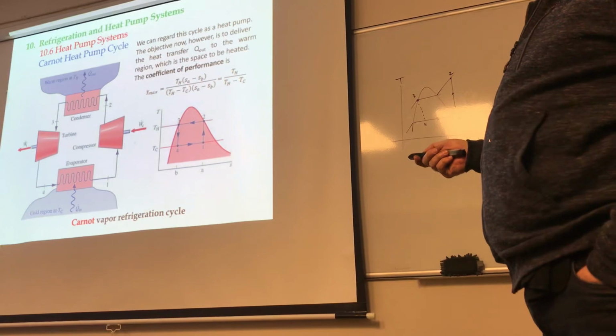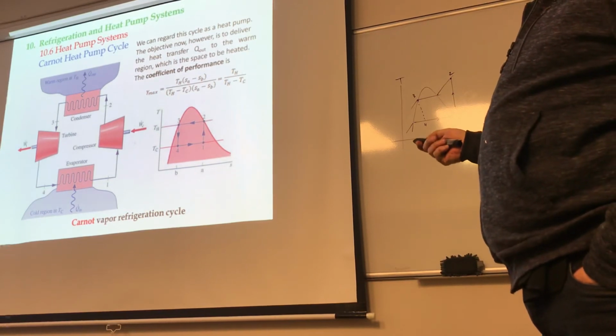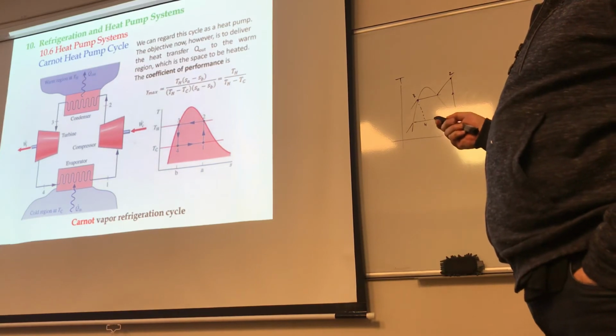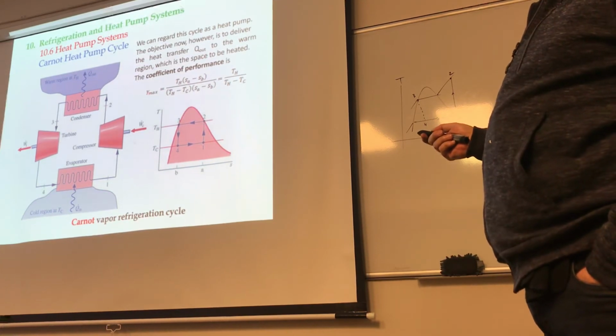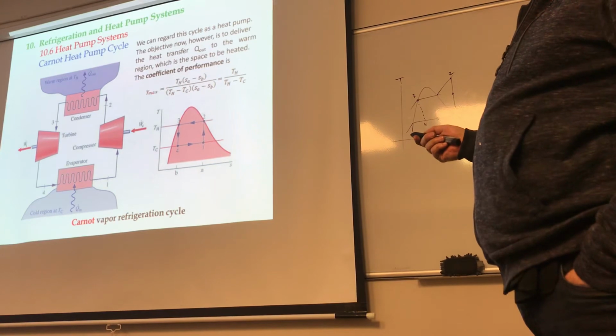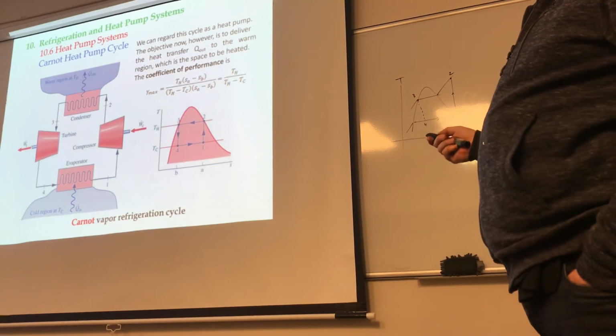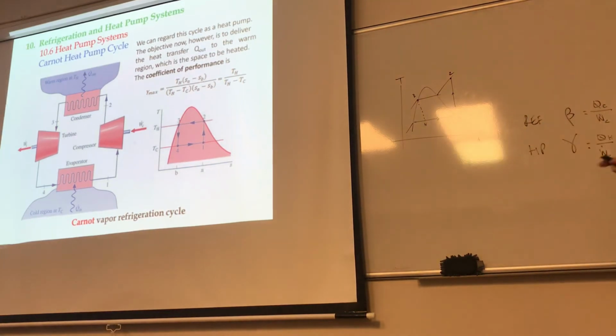It does not really exist. This is a Carnot cycle, which has 2 isentropic and 2 isothermal processes. And the coefficient of performance, we use the letter gamma for it, which for Carnot is obviously TH divided by TH minus TC.